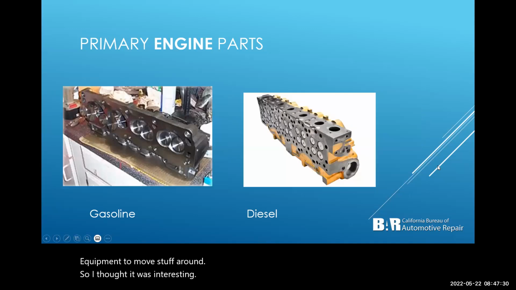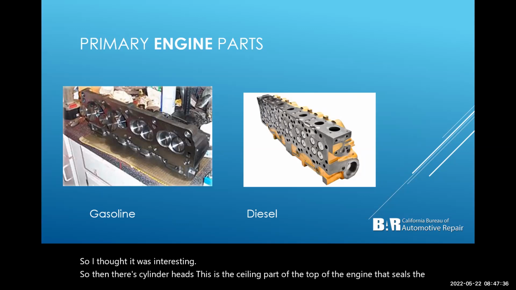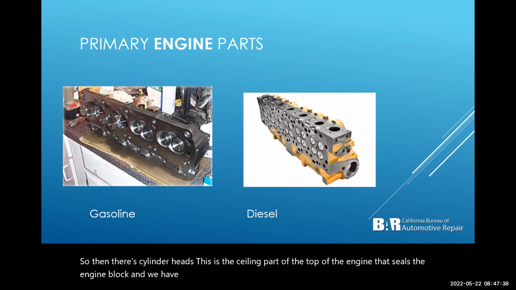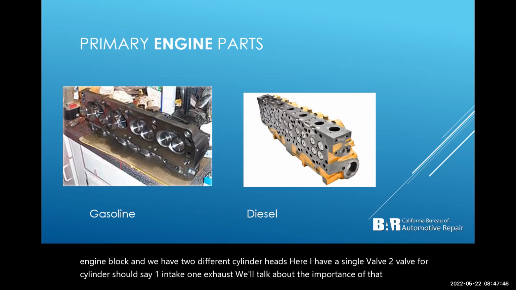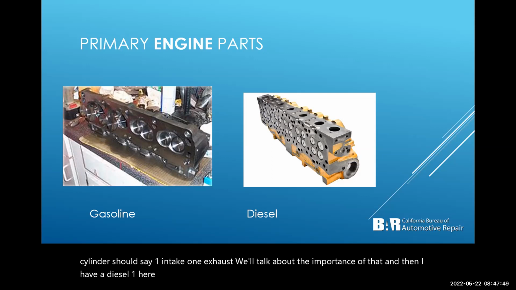So then there's cylinder heads. This is the sealing part of the top of the engine that seals the engine block. And we have two different cylinder heads here. I have a two valve per cylinder, one intake, one exhaust. We'll talk about the importance of that. And then I have a diesel one here. You can see again, it's quite a bit more metal to it.